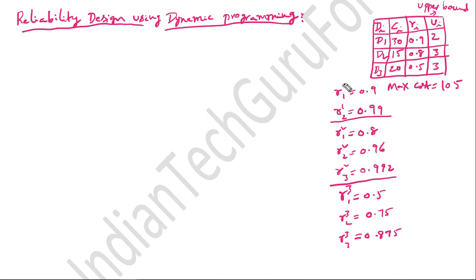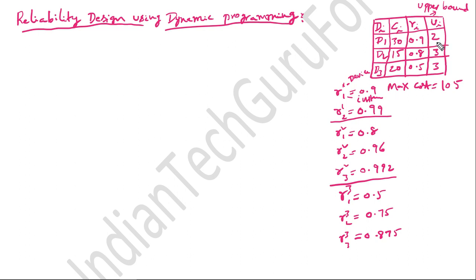So r power 1 suffix 1 represents that we are handling device 1, and this suffix represents the instances. So r power 1 suffix 1 is the reliability of one instance of the first device. If there is one instance of device D1, then the reliability will be 0.9. If there are two instances, then the reliability will be 0.99.